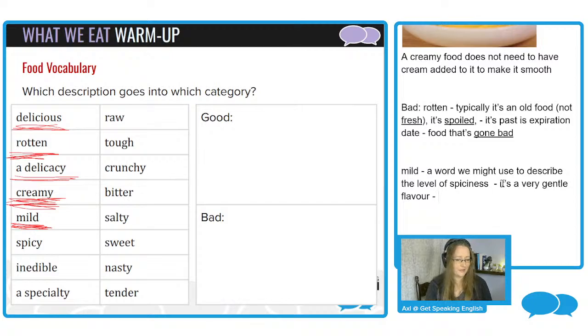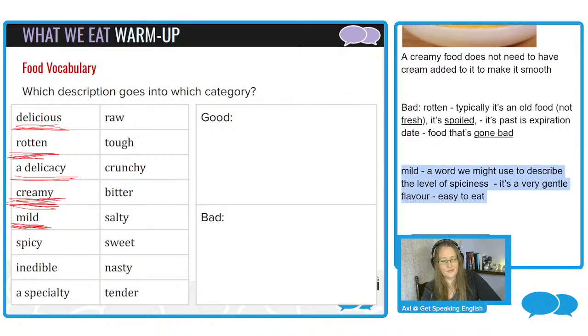So kind of easy to eat. Generally, children and things like that probably would prefer food that's kind of mild, not really spicy. Yeah, not super spicy, exactly.